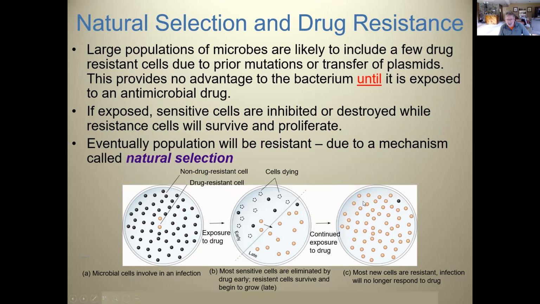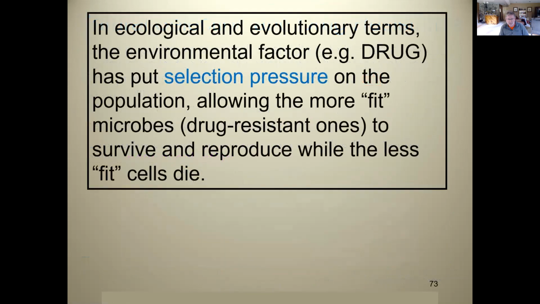You can't use that same drug. It's not going to have the same effect. You might kill some outliers that somehow survived that initial set of exposures, let's say, or pills. Let's say you're taking antibiotics. But a point will come potentially when the infection is not controllable by that particular drug because of the drug resistance that existed in that population prior to exposure to the drug.